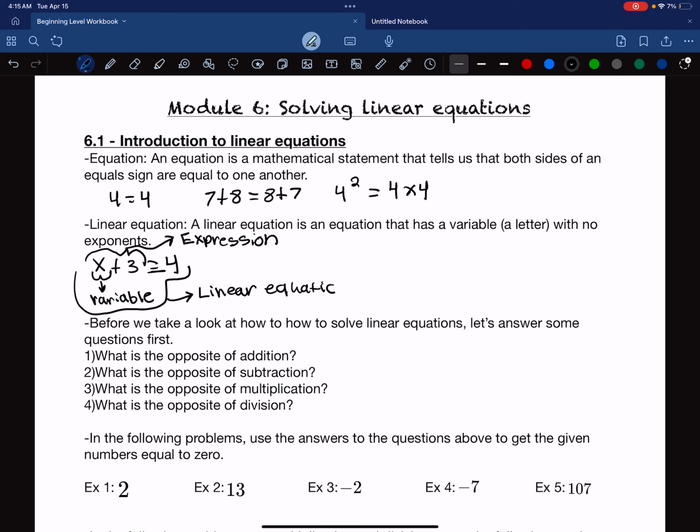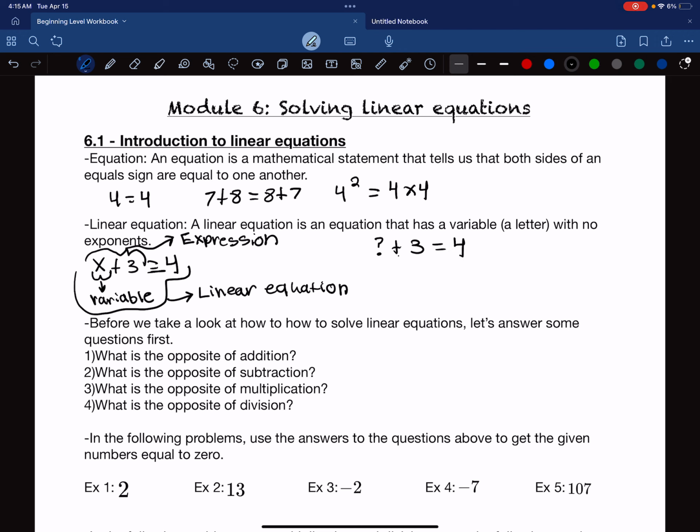One thing I want to point out is that variables are something called a placeholder. They are simply there to hold a place. You can also think of variables as a question. Because x plus 3 equals 4 is really just asking us: what plus 3 equals 4?